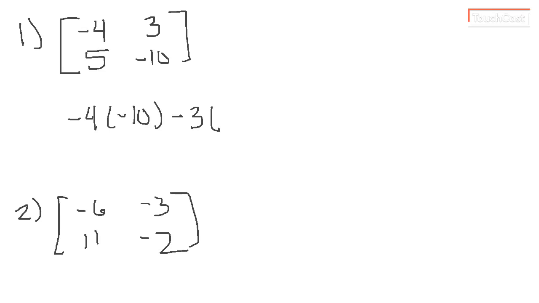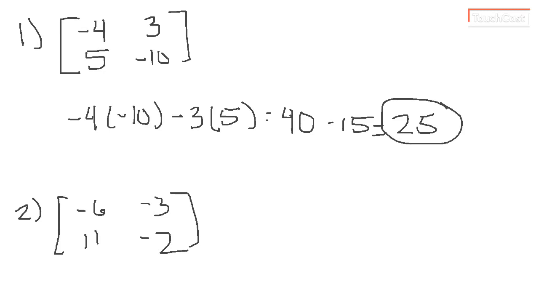And really the order is not that important, as long as we keep the A and the D together and the C and the B together. So negative 4 times negative 10, that's going to give us 40. And 3 times 5 is going to give us 15. And 40 minus 15 is 25. So the determinant of this matrix is 25.